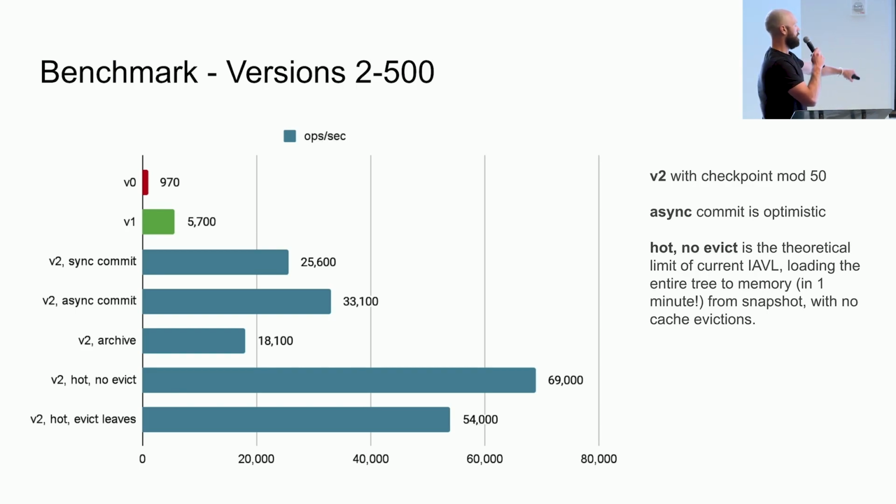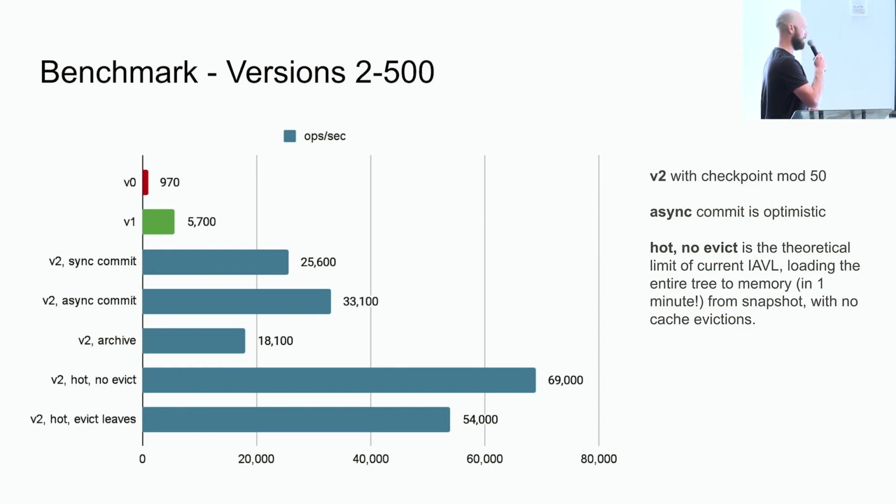So just leveraging concurrency. Predictably, async commit is a little bit faster than a synchronous commit. These two down here, hot start means that a portion or all of the tree was loaded into memory at startup. In a real world situation, that could happen gradually over time, but it's sort of pre-warming the cache. That's what that means.